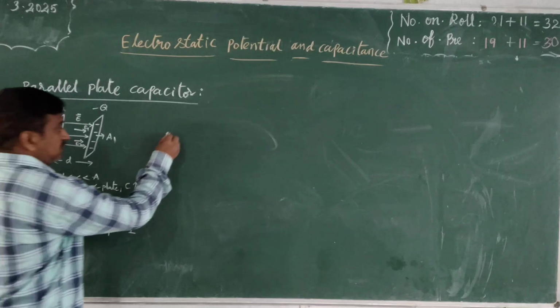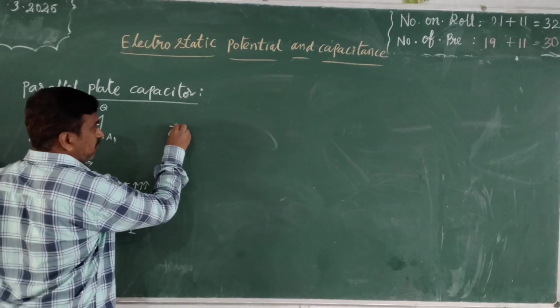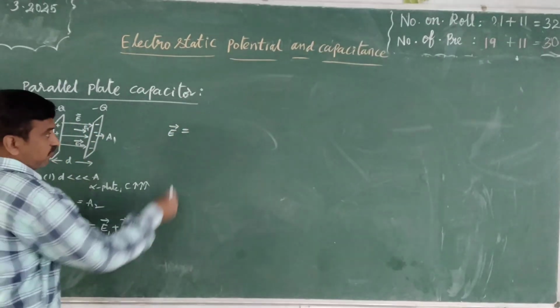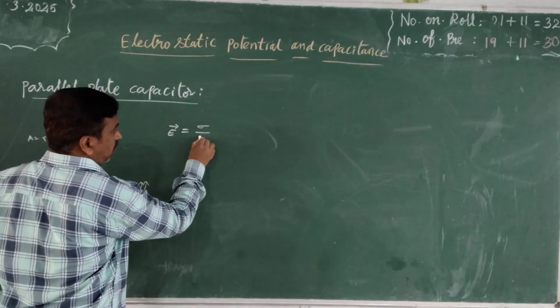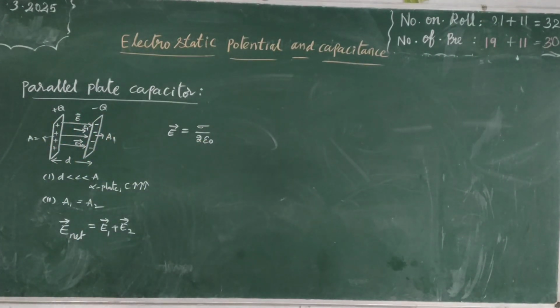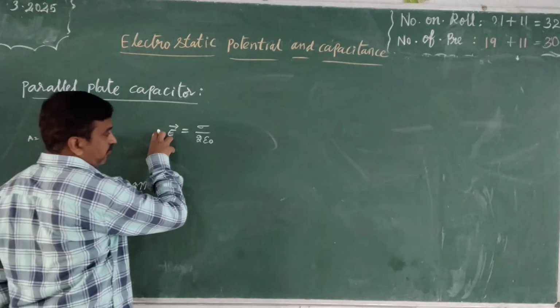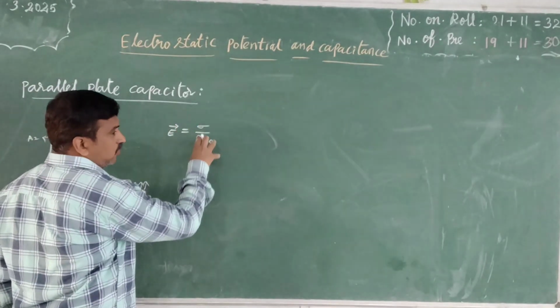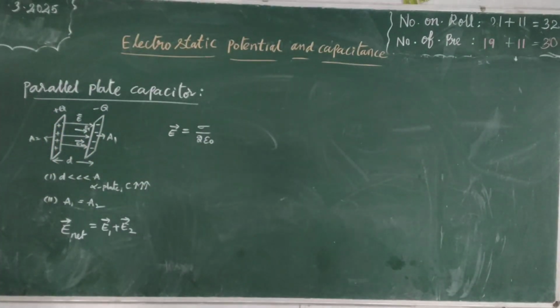For each single plate, what is the formula? Sigma by 2 epsilon naught. We learned this in the lesson on electric charges and electric fields. The electric field due to an infinite plane sheet is E equals sigma by 2 epsilon naught.